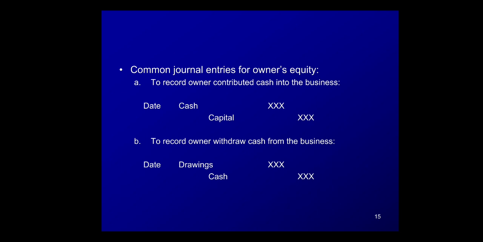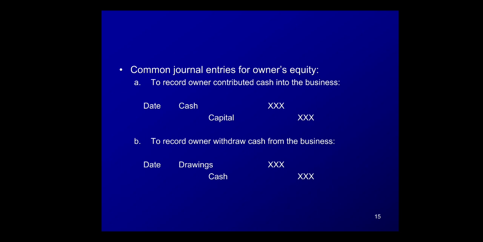So you debit equipment, personal computer, and then credit account capital. So the owner of a business can invest cash or other assets in the business. Okay, B.